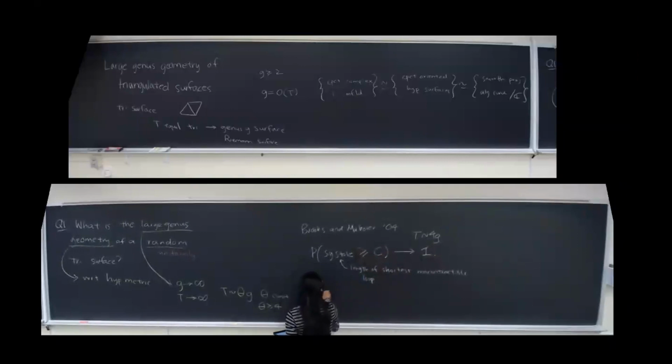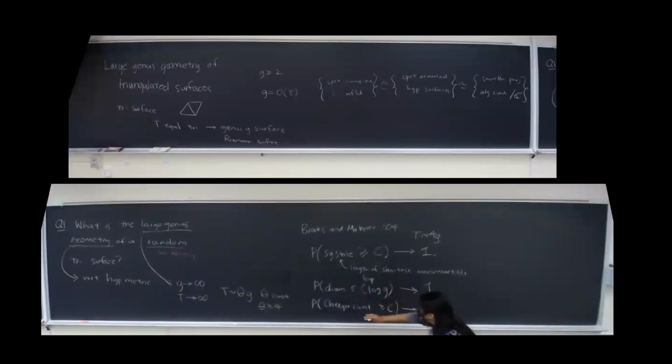The probability that the diameter is at most around log g also tends to 1 in the large genus limit. And then finally, the probability that the Cheeger constant is greater than C also tends to 1.